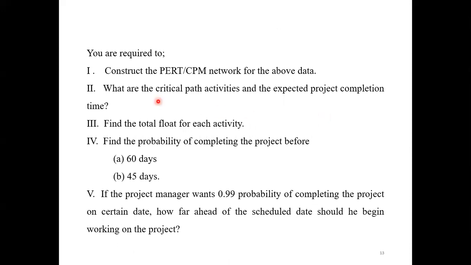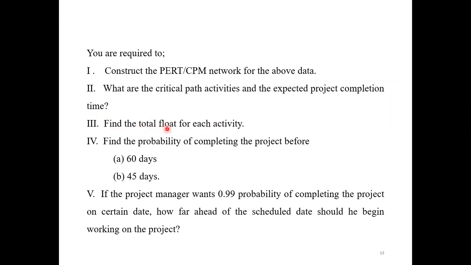This is the question. Throughout the question, we will follow one by one. First one, construct the PERT or CPM network for the above data. What are the critical path activities and what is the expected project completion time? Third one, find the total float for each activity.